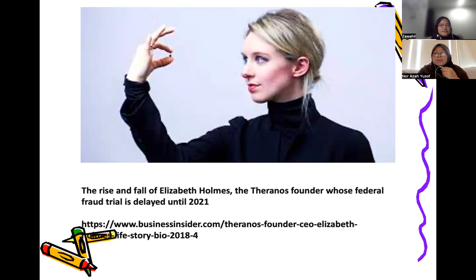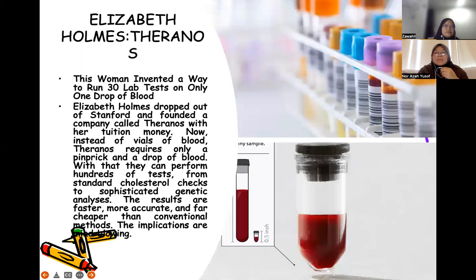What Theranos is: she claims that she has a small device that can detect multiple diseases, including cancer, with one drop of blood, meaning a pinprick of blood from your finger.